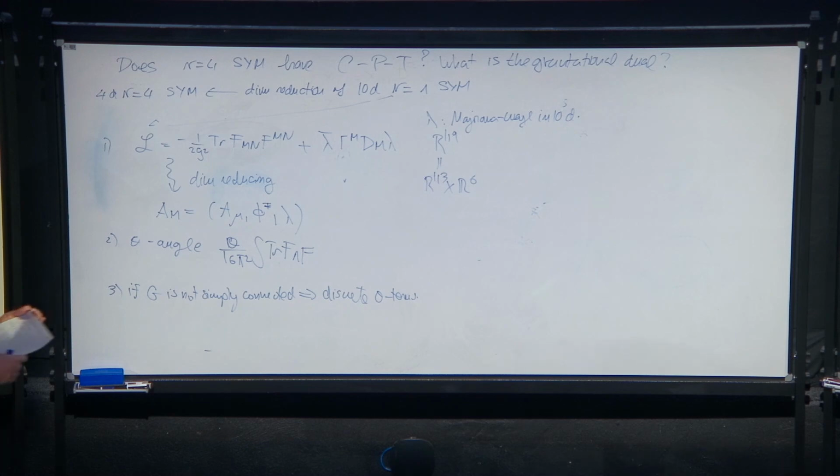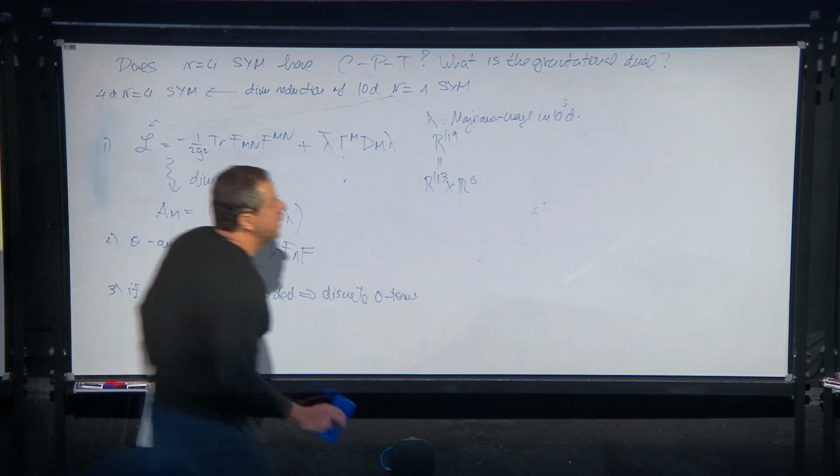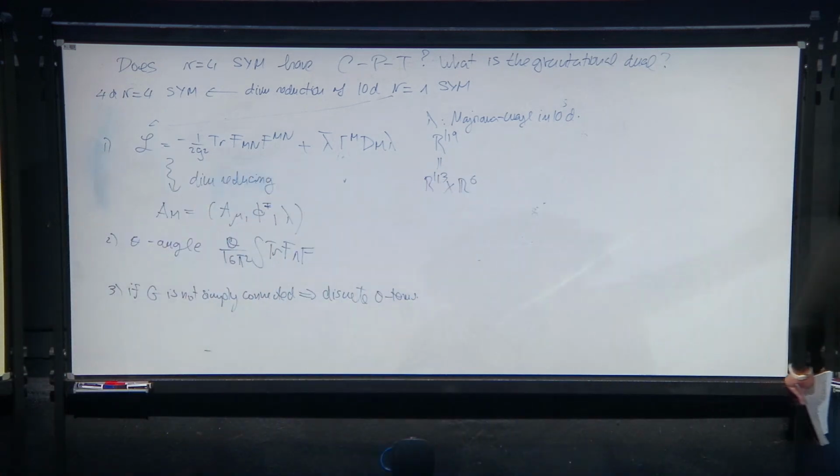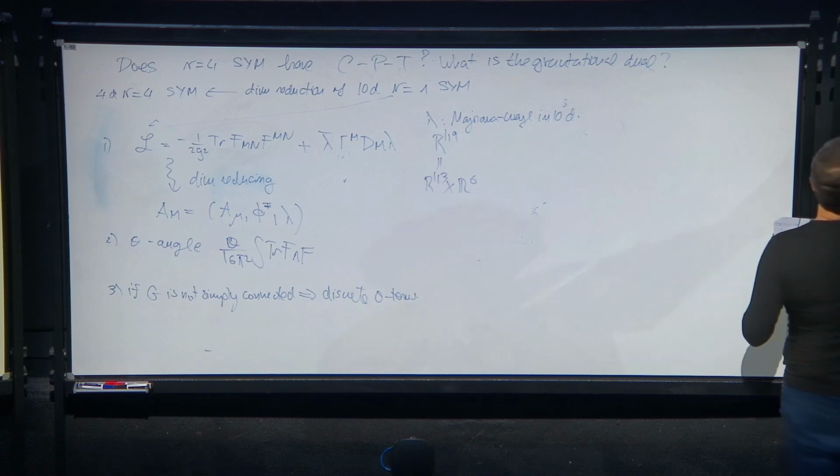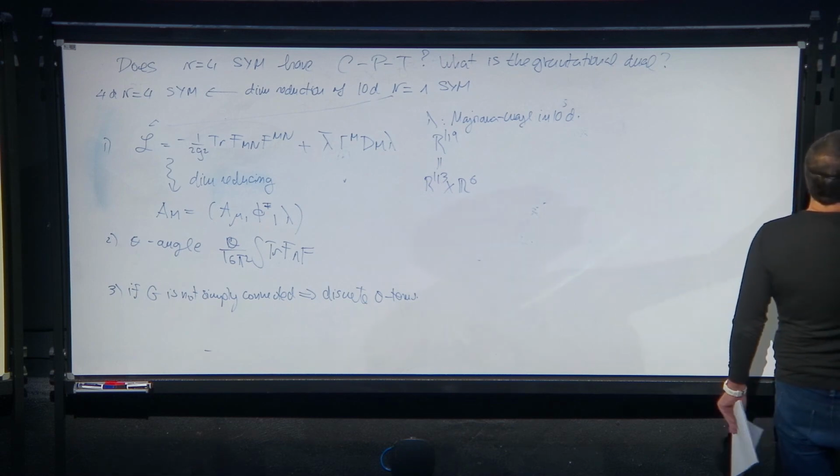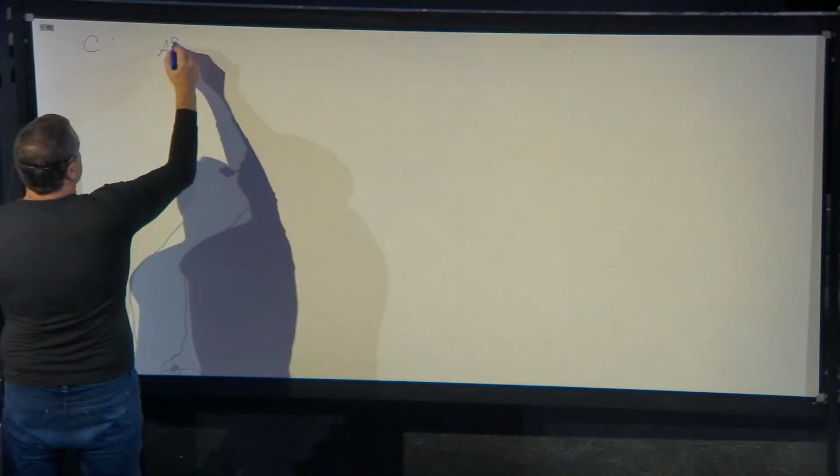Okay? So now let's do charge conjugation. How do I know if the theory has charge conjugation? Let me start with pure Yang-Mills. At some point, we'll have to accelerate, but not yet. So let's start with C. I start with the Yang-Mills action, and I want to ask the following thing.